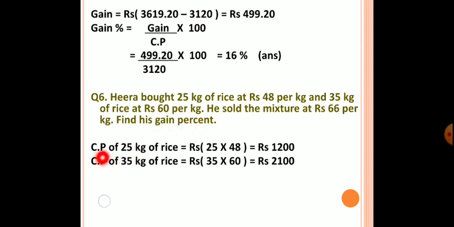So cost price of 25 kg of rice is 48 into 25, which is equals to rupees 1200, and the cost price of 35 kg of rice at rupees 60 per kg is 35 into 60, which is equals to rupees 2100. Now he sold the mixture at rupees 66 per kg.